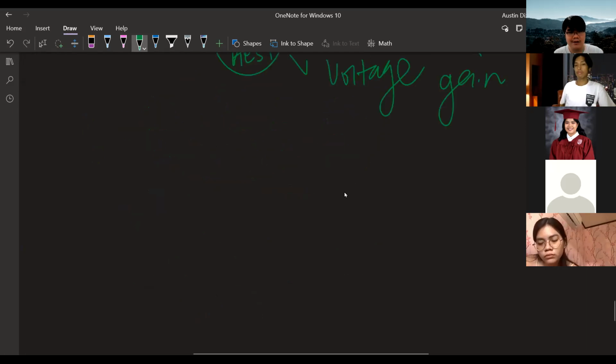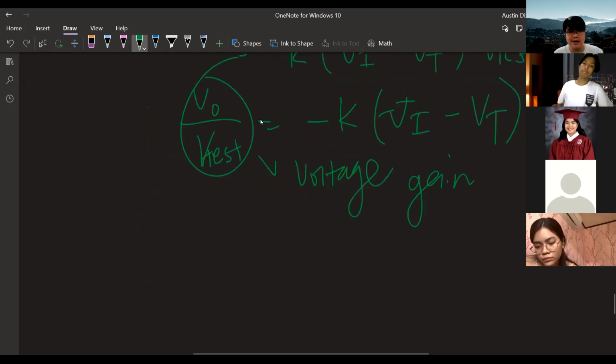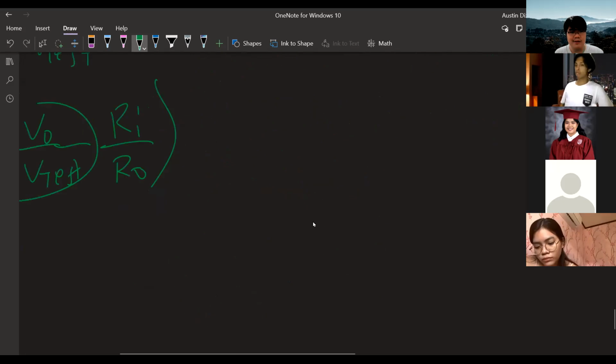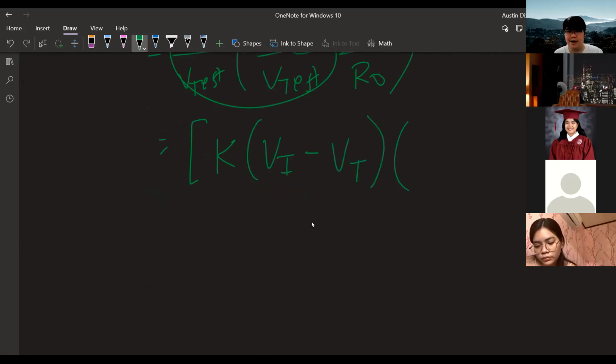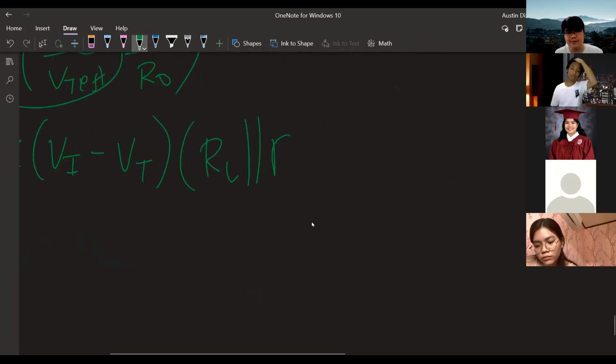Kunin lang natin to. Square lang natin tong bagay na to. So, K VI minus VT parallel ng RL at RO. Tapos, naka-square.